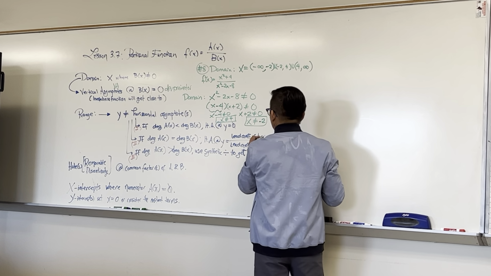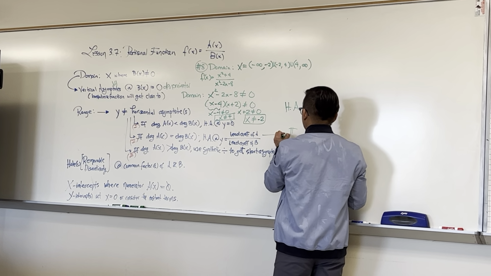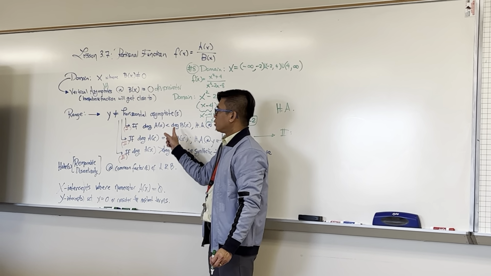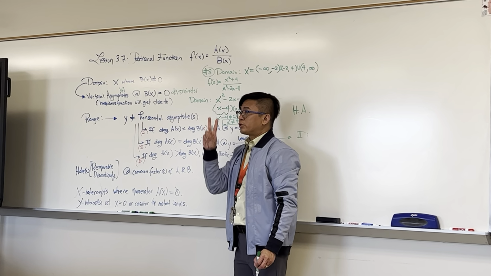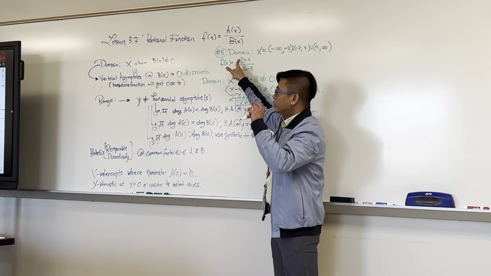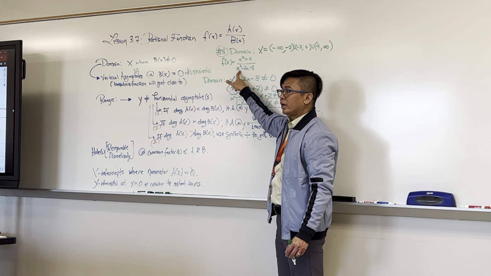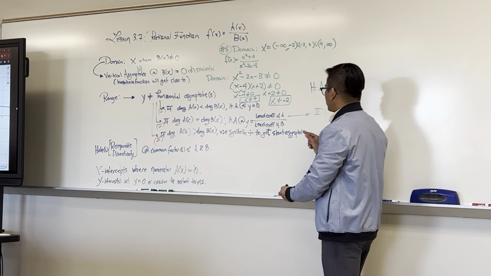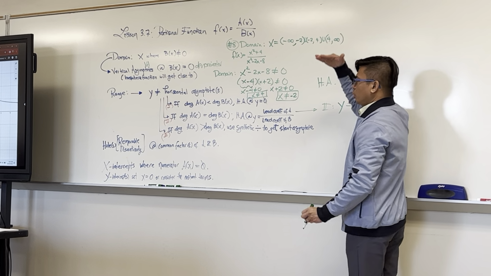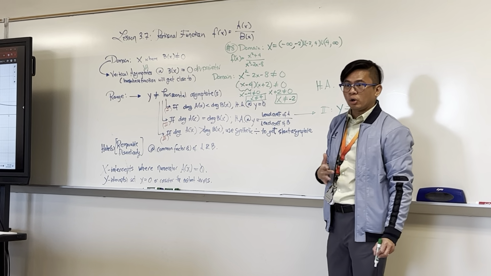Case number 2, right? Why case number 2, Eva? Because the degrees are equal. They're both 2. You're good, right? Degree 2, degree 2. Are we good? And again, it says in here, the HA is y equal to the lead coefficient above over the lead coefficient below.